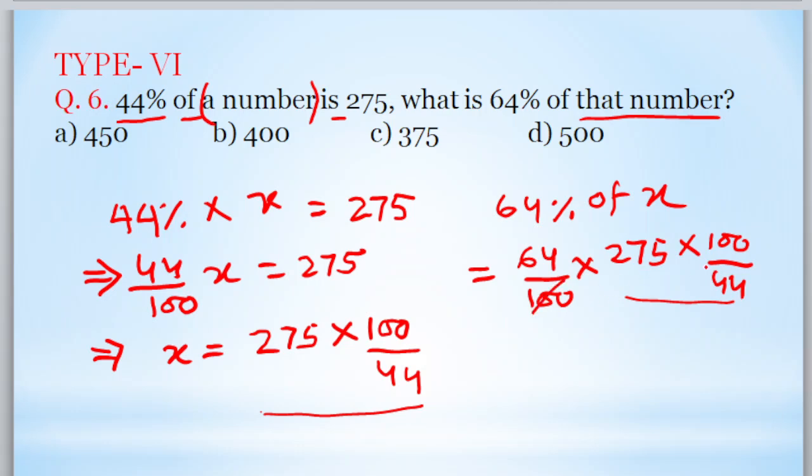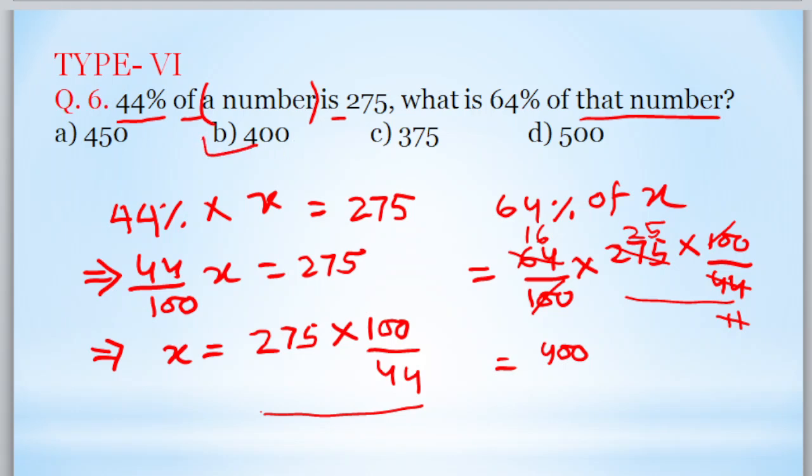Here 100 and this 100 both are cancelled. Then 64, when divided by 4, becomes 16, and 44 divided by 4 becomes 11. Now when 275 is divided by 11, it becomes 25. Now 16 into 25 is equal to 400. So here option B is the right answer.